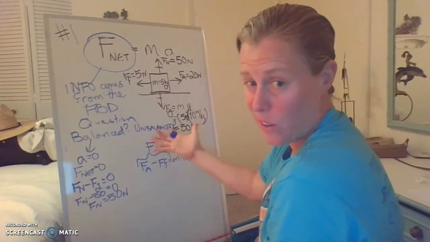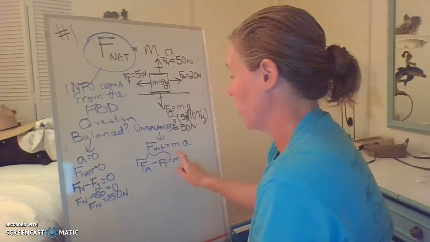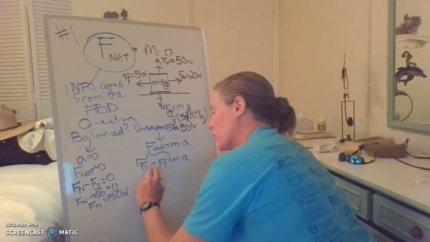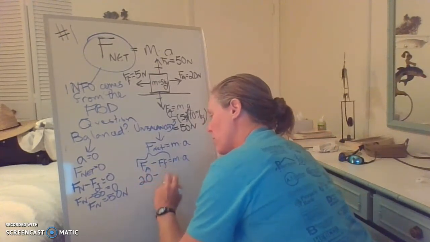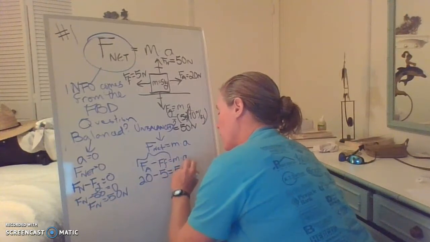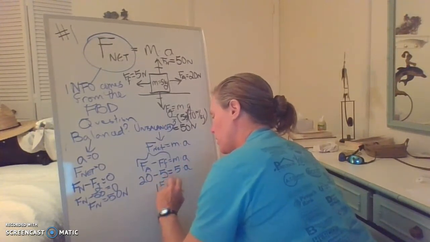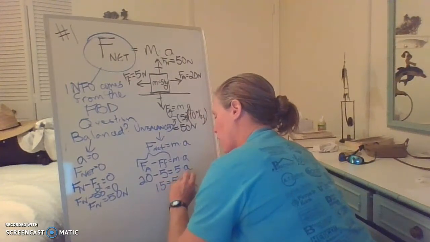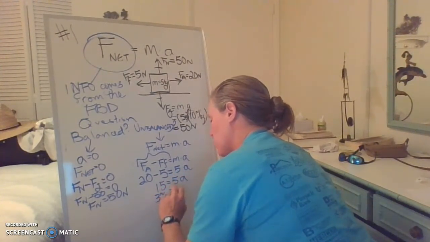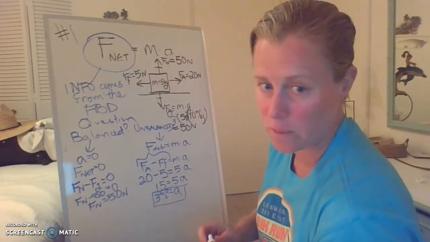The thing I don't know on this drawing is the acceleration. I know my forces and my mass, but we can get the acceleration because of the imbalance. Force applied, 20 newtons. Force friction, 5 newtons. Mass 5 times acceleration. So this becomes 15 equals 5 times acceleration, so I get 3 meters per second squared as my acceleration.